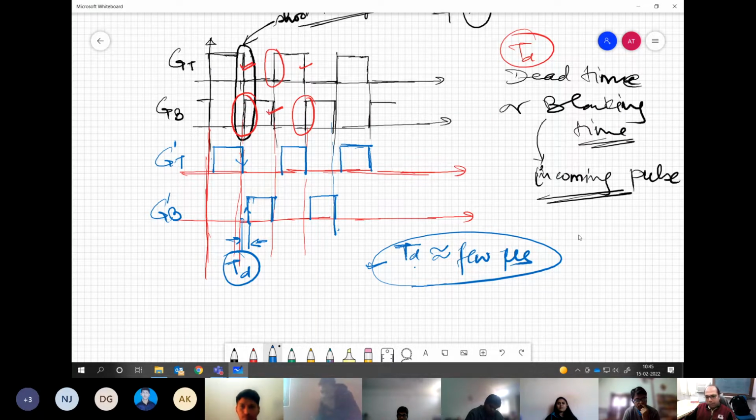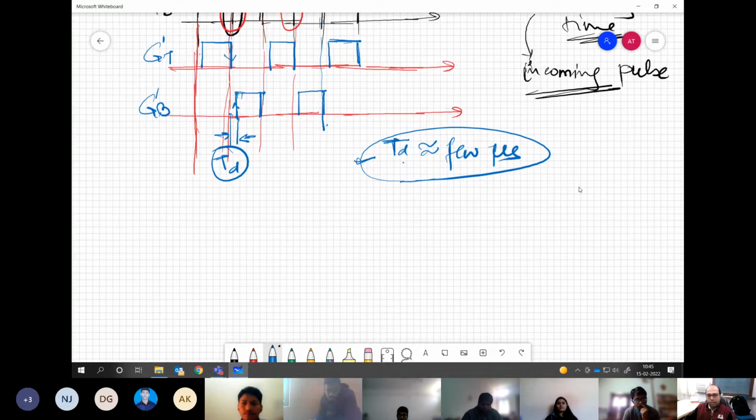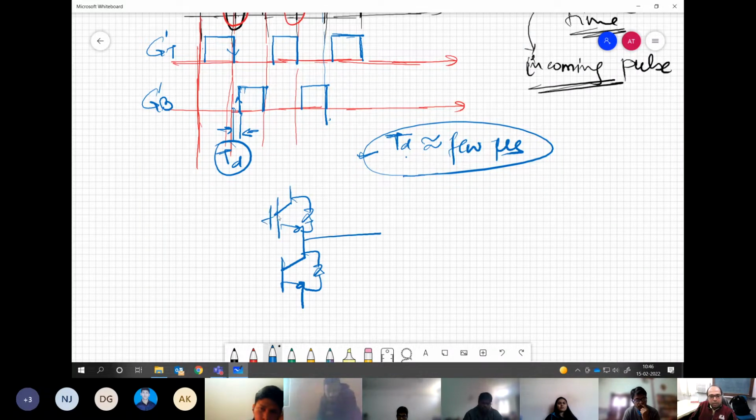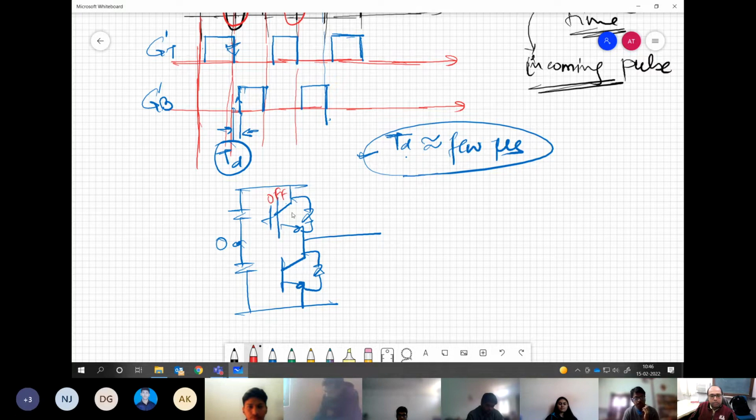Now, when we are having this kind of gate applied for our system, obviously we have, let's say, this leg with anti-parallel diodes connected over there, and we have a situation where this device is off. Let us say the top device is off, and the bottom device is still not turned on. So this is also off.